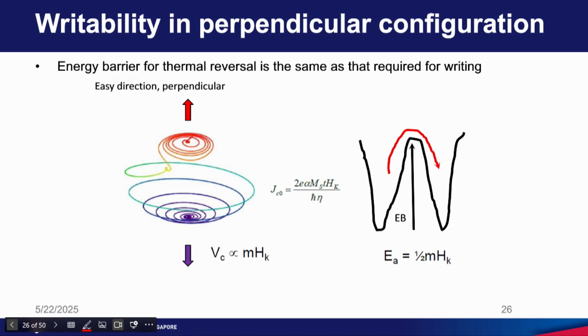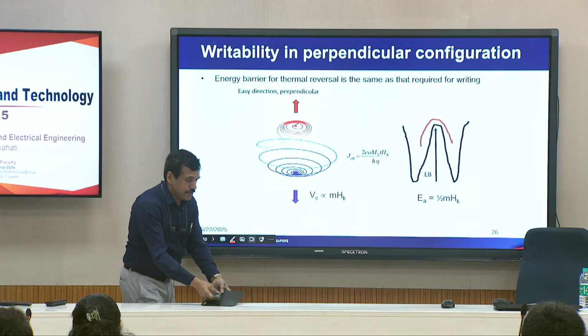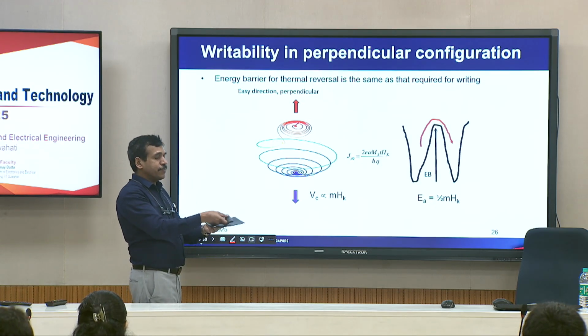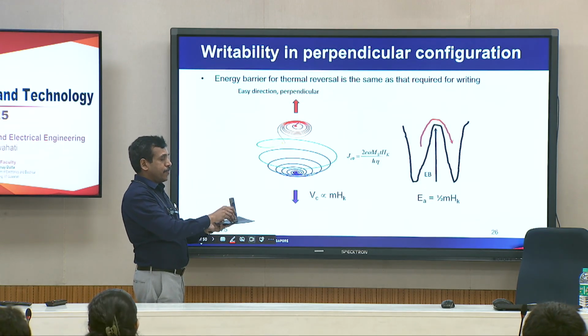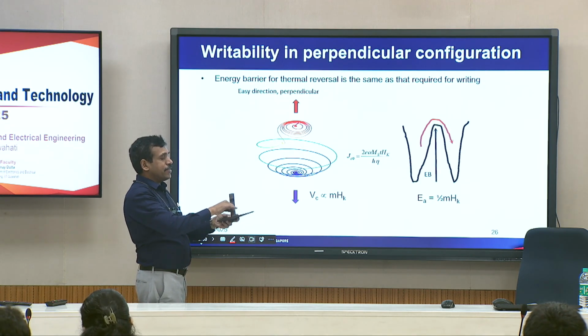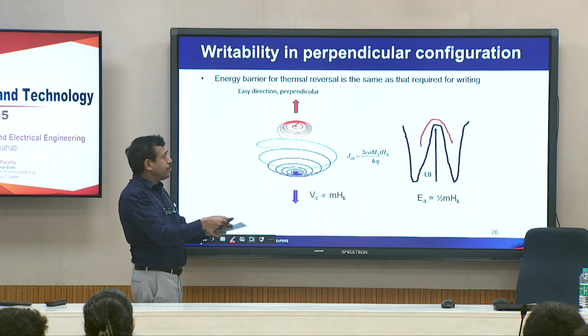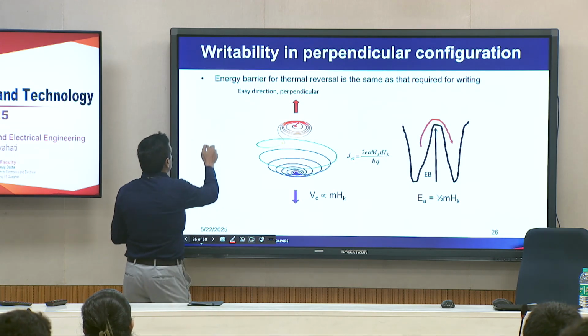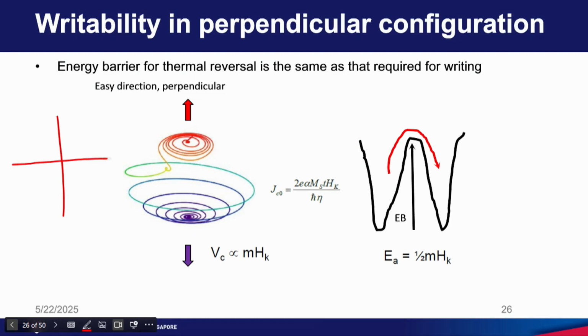So here we have an anisotropy which can lift the magnetization from in-plane to the out-of-plane direction, right? So if you want to keep the magnetization in plane, if you remember the Stoner-Wohlforth case, this is the easy direction, and this is the hard direction loop, right?